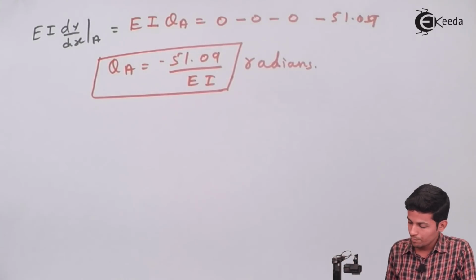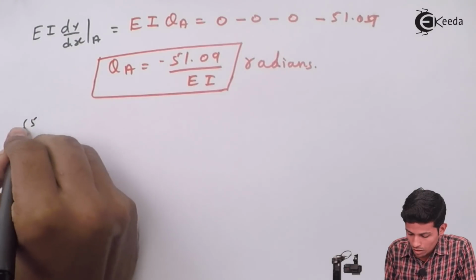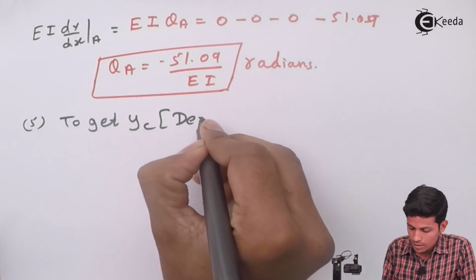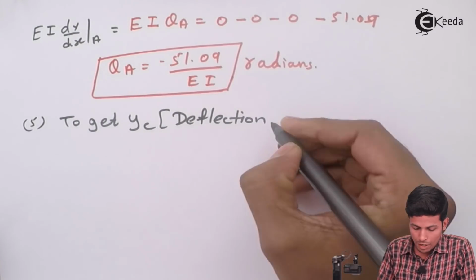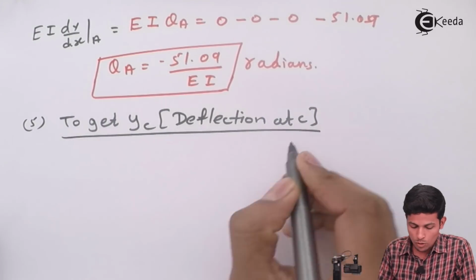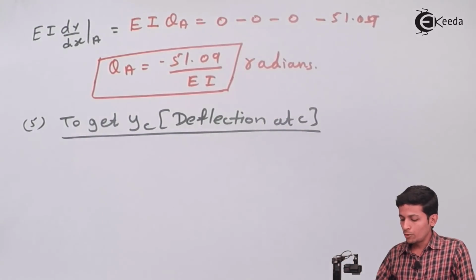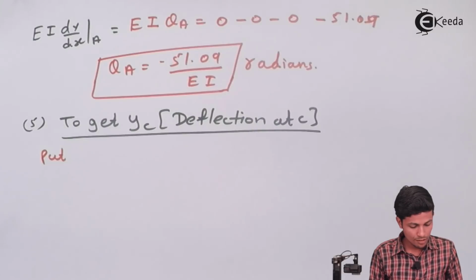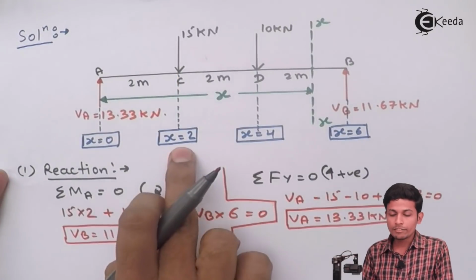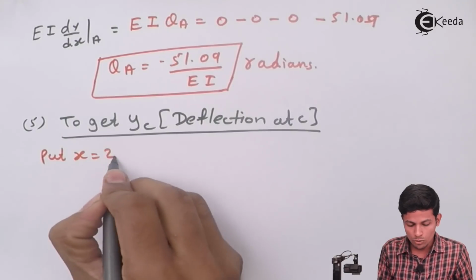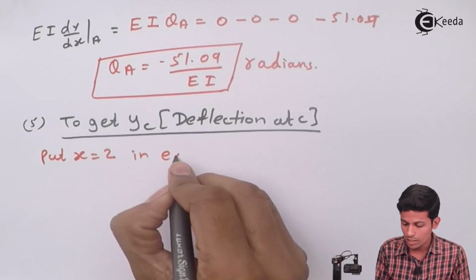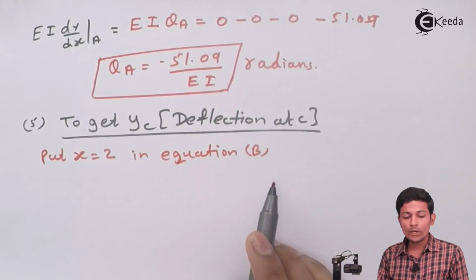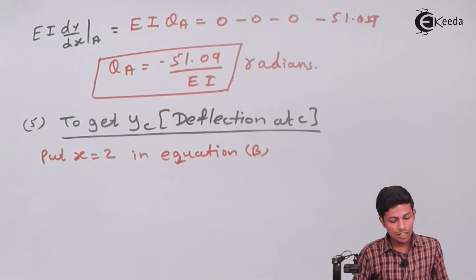Now our next step, the fifth one, is to get YC, the deflection at C. For C, the x value will be 2, so put x equal to 2 in equation B, because equation B is the general deflection equation.